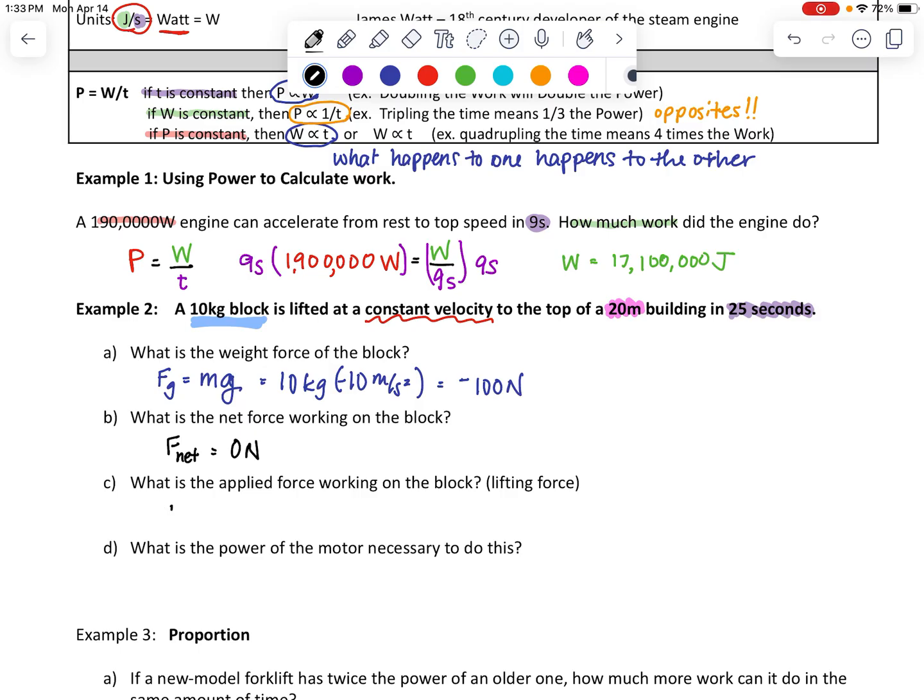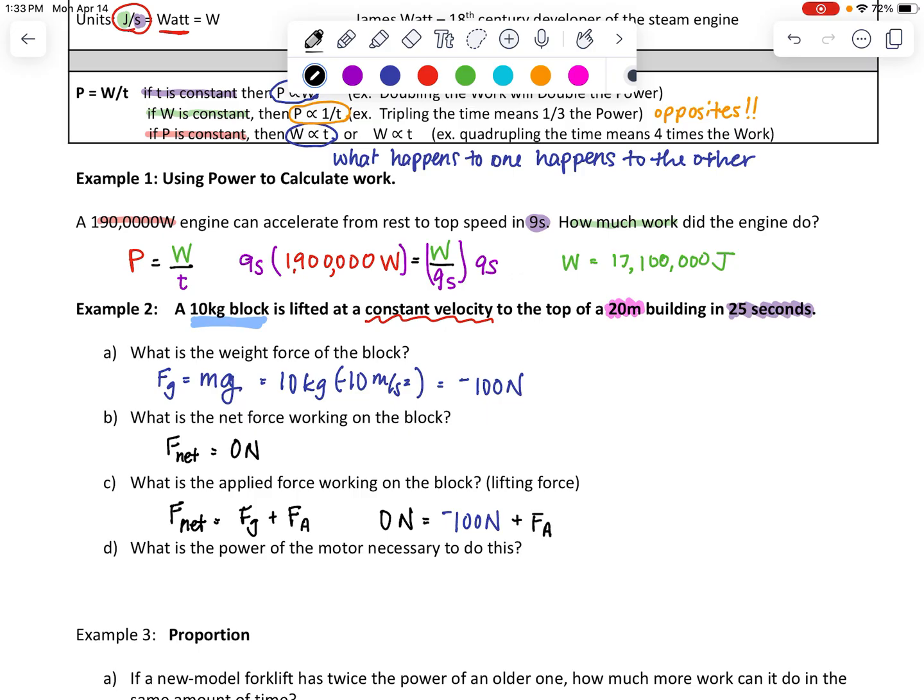Again, you can write this out. You know that F net is equal to Fg plus Fa. Your F net is 0, and that's equal to your negative 100 newtons, plus your Fa.